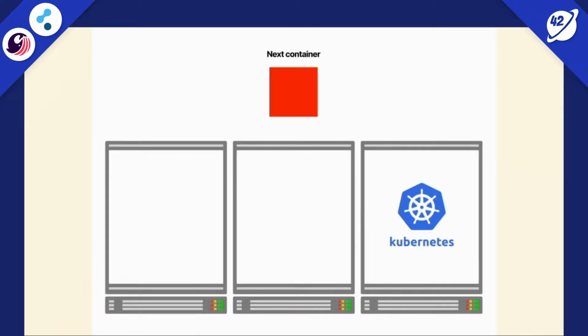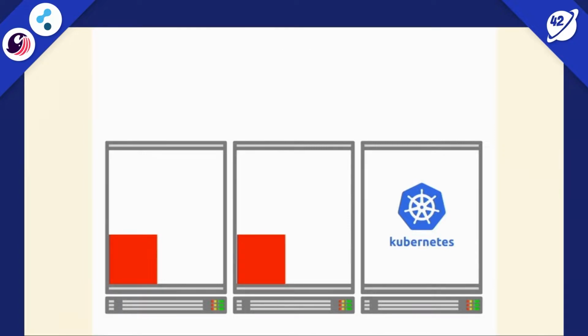So for every application deployed in a cluster, Kubernetes makes a note of the memory and CPU requirements. It then decides where to place the application in the cluster. In this case, it's on the far left node. If another application of the same size is deployed, well, Kubernetes goes through that same process and finds the best node to run the app. In this case, it picks the right-hand node.